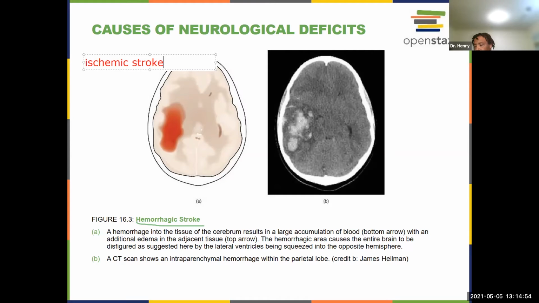But anytime you get that clogging, it's going to cause deprivation of oxygen. Deprivation of oxygen, within a minute or two, is going to start causing damage. After a few hours, you're going to start getting severe damage, including cell death.